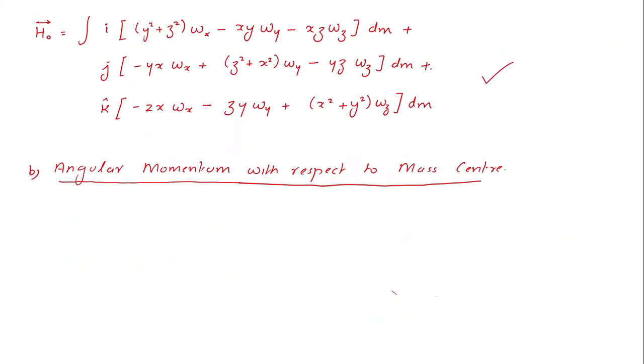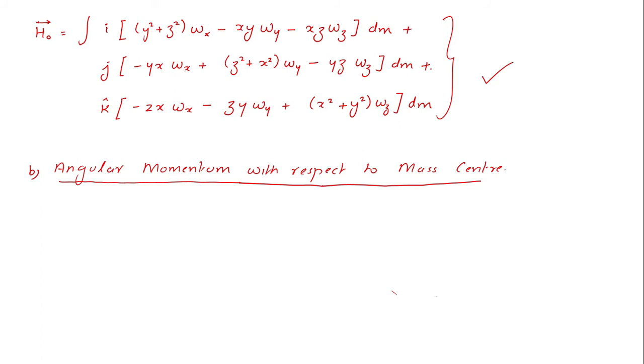I'll show it to you once again. See this equation here. Now this equation can be simplified if you express it in terms of the inertial properties of the rigid body.